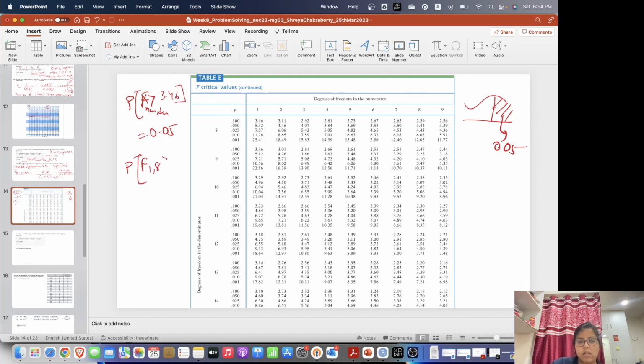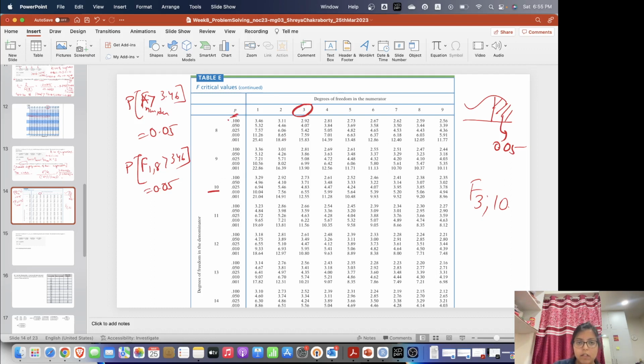So here we have to find F 3, 10: degrees of freedom in the numerator 3, in the denominator 10, and this probability.